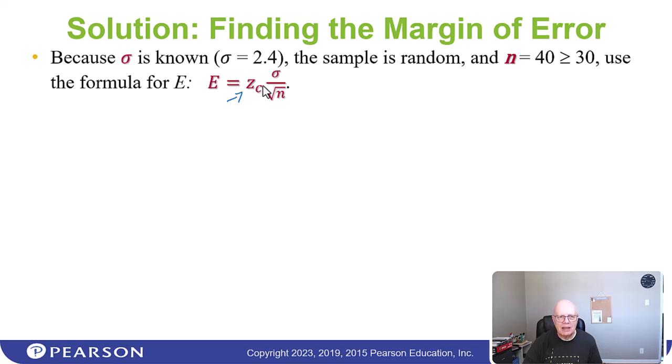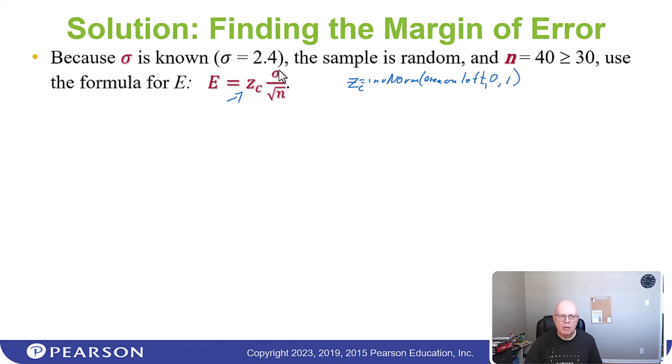So to get E, use your calculator to get the critical value. Remember, it's the area on the left. And since you're looking for a Z critical value, we just use 0 and 1 here.